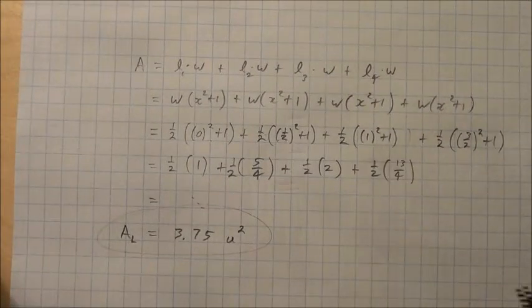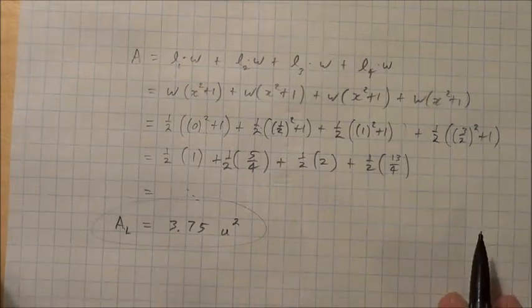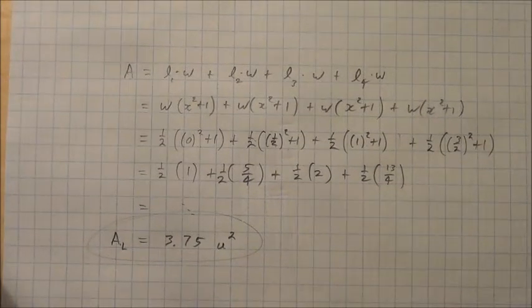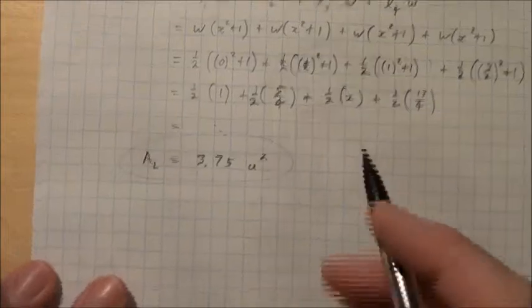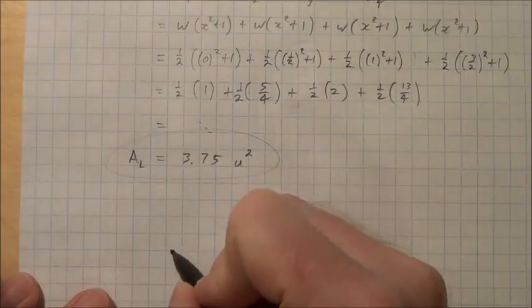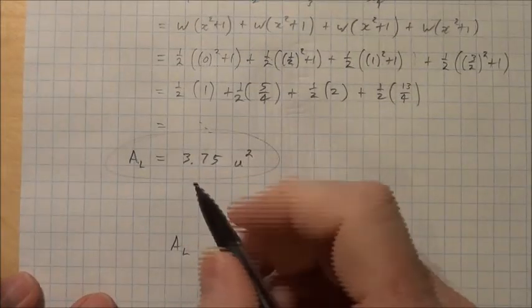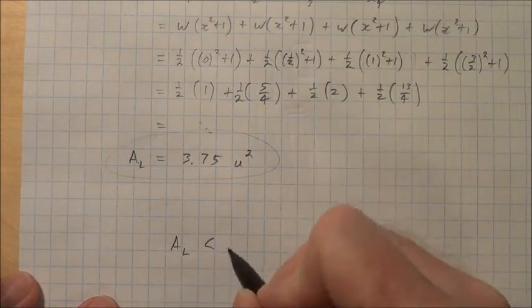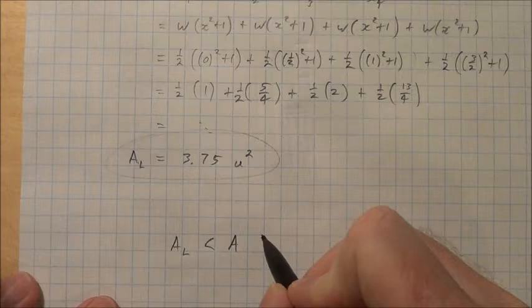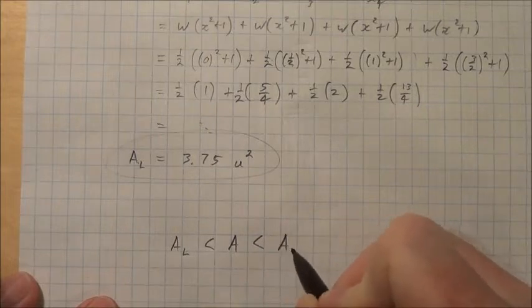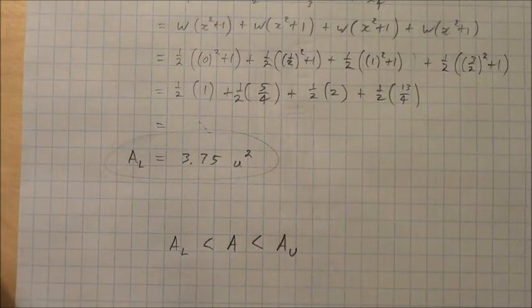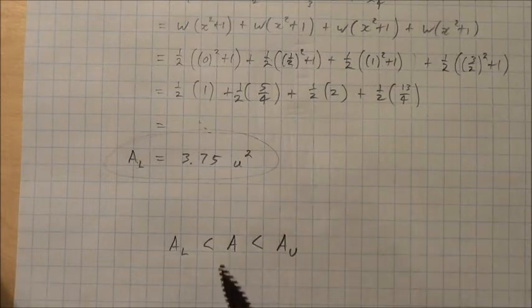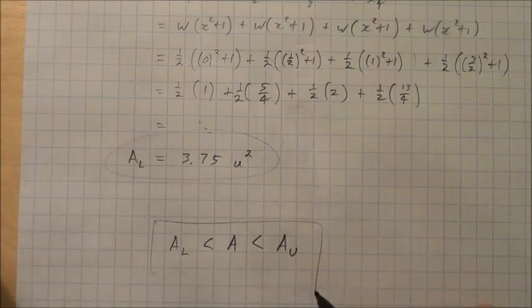Now we could maybe take an average of that, but that wouldn't be the most accurate. What we can say though is that the area of the lower rectangles is less than the actual area under the curve, which is less than the area of the upper rectangles. Okay, so that's one thing that we can say.